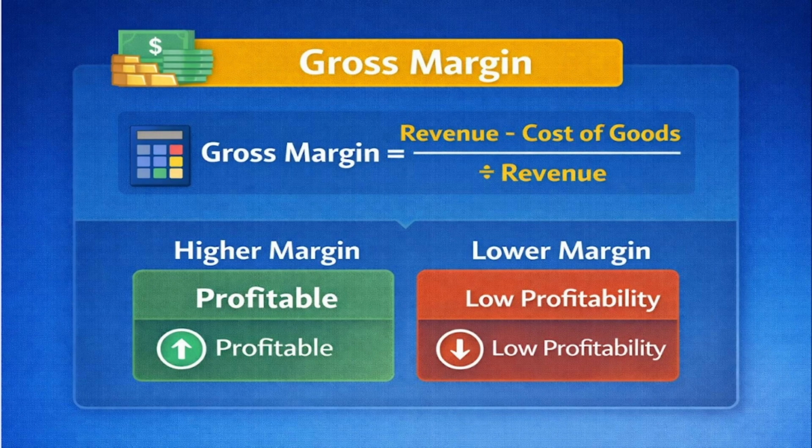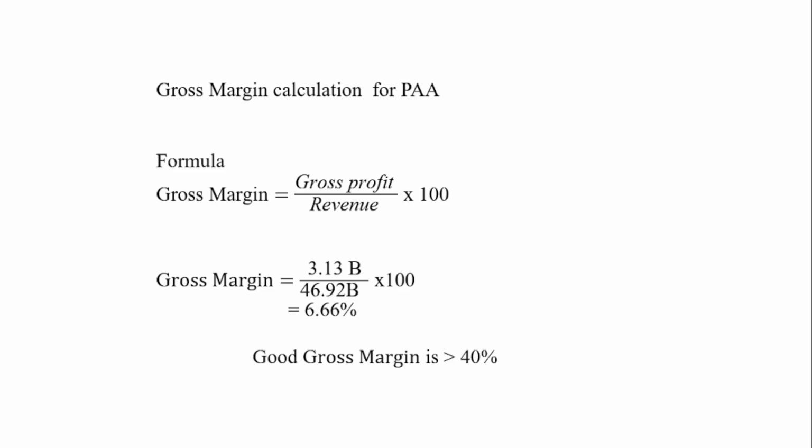Gross margin. Gross margin is revenue minus cost of goods, divided by revenue. Higher margin means higher profitability, lower margin means lower profitability. So let's take an example of gross margin from PAA real values. Gross margin is gross profit divided by revenue.